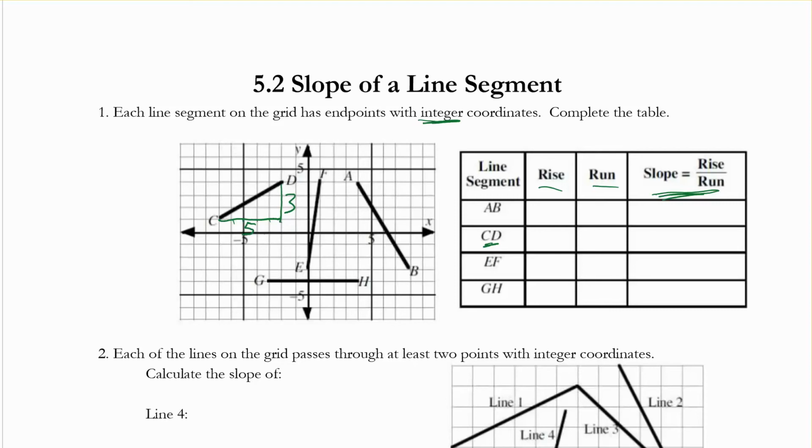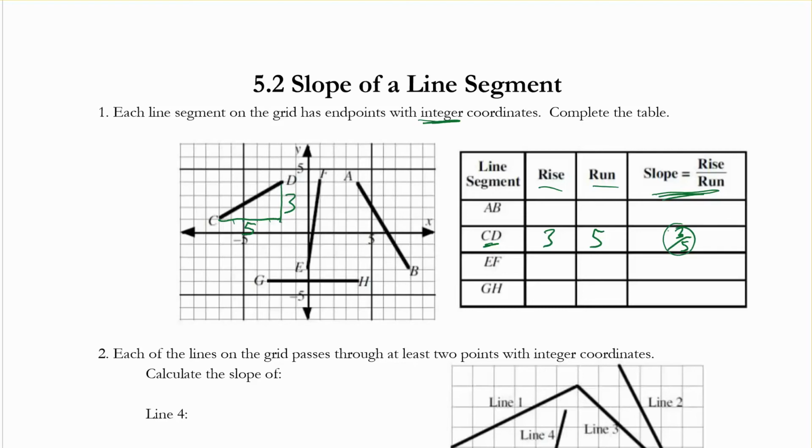So simple enough, I would just say the rise of this one, so I'm filling in my chart, would be 3. The run would be 5. So the slope, rise over run, would just be 3 over 5. It would also work to write that as a decimal, but this works too, just write it as 3 over 5.